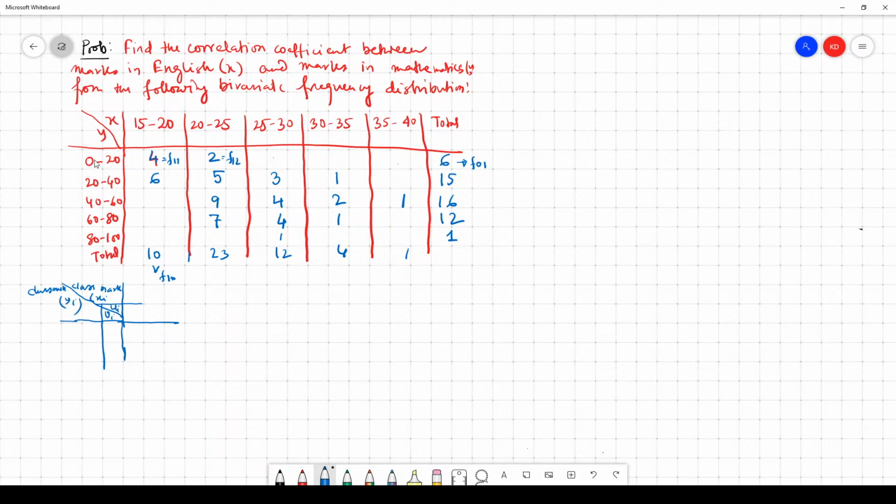So the class mark is nothing but the mid value, that is 0 plus 20, this is 10, this is 30, 50, 70, 90.